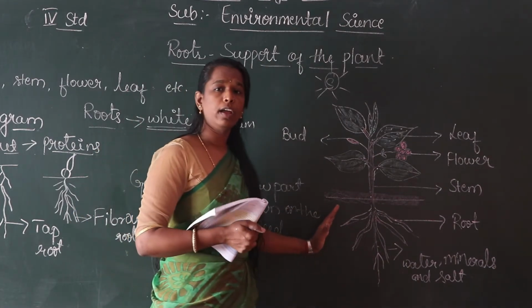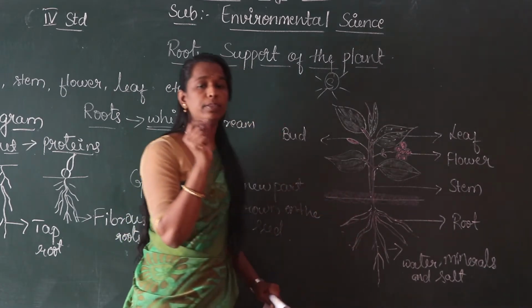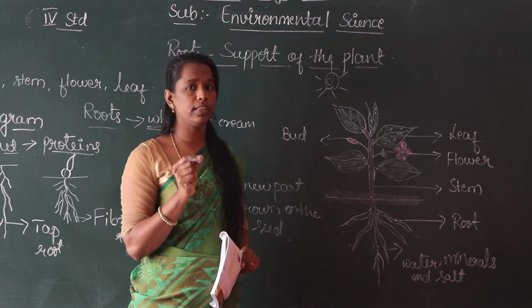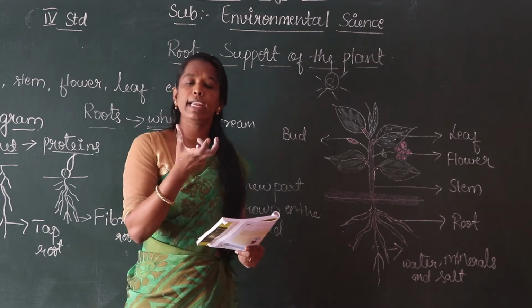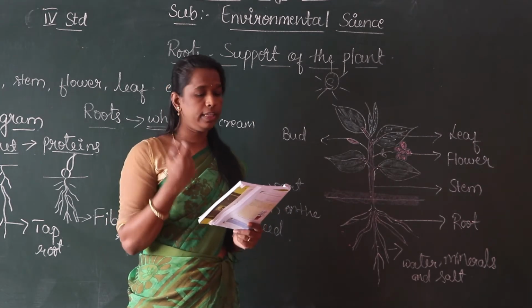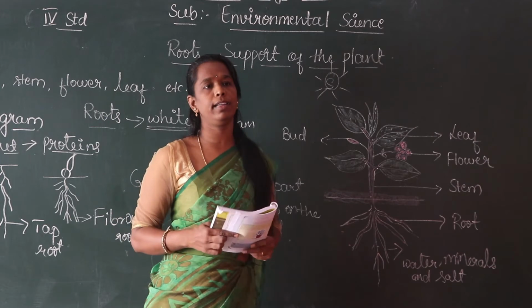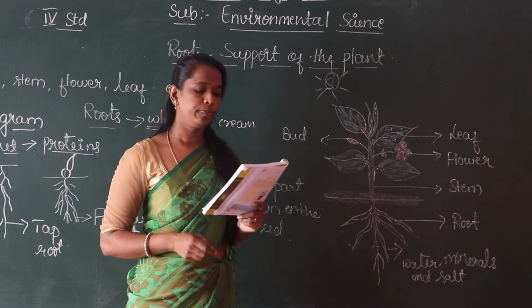For example, we observe the grass. It avoids soil erosion. Okay, children? So in this way we conclude that the roots conserve the soil particles and water.